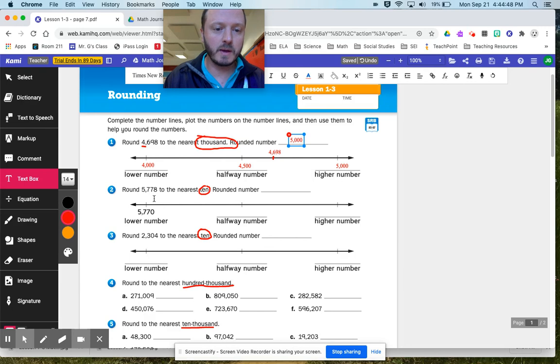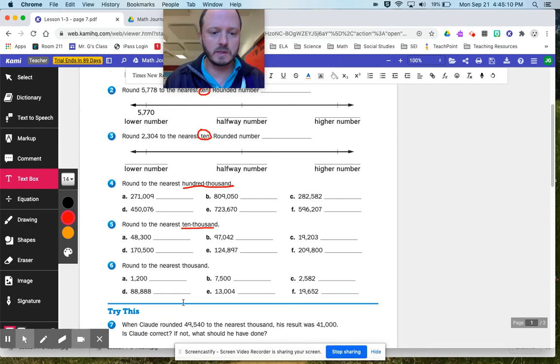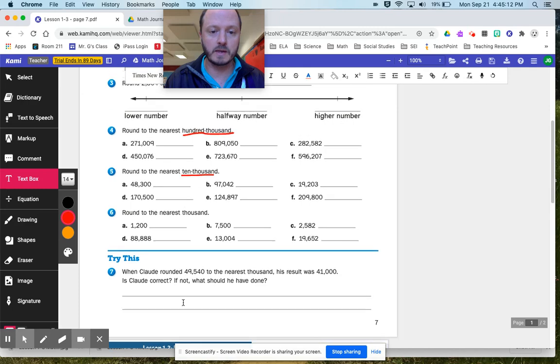I want you to think about number two. They gave you the lower number, which is 5,770. What's going to be the next number if you're counting by tens that will get you there? And what's halfway in between? And then where does this number fall? Okay, and then we're going to be doing the same thing for these problems on the rest of the page.